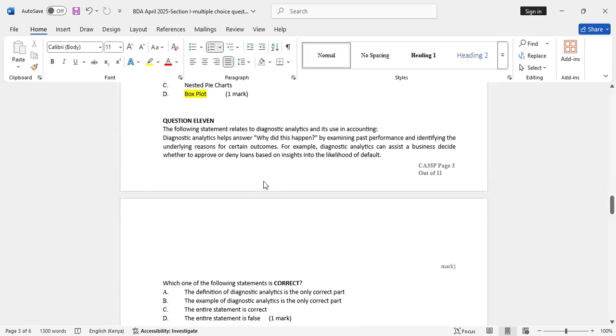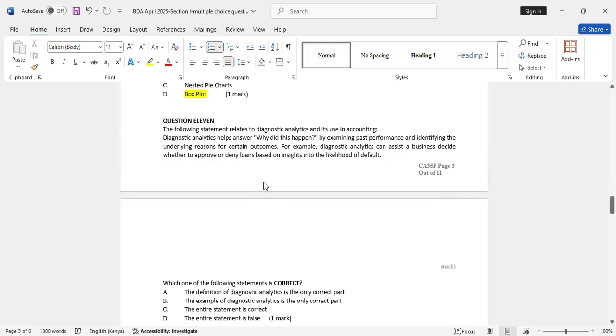Because it enables the business to decide whether to approve or deny. Like when it comes to loans, there's the CRB. They will be able to look at your CRB, the Credit Reference Bureau, and your performance, your ratings. So they will diagnose you based on your ratings.